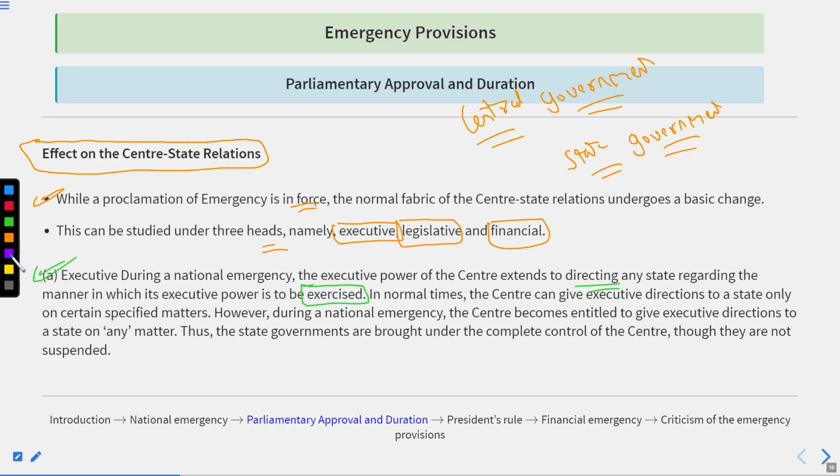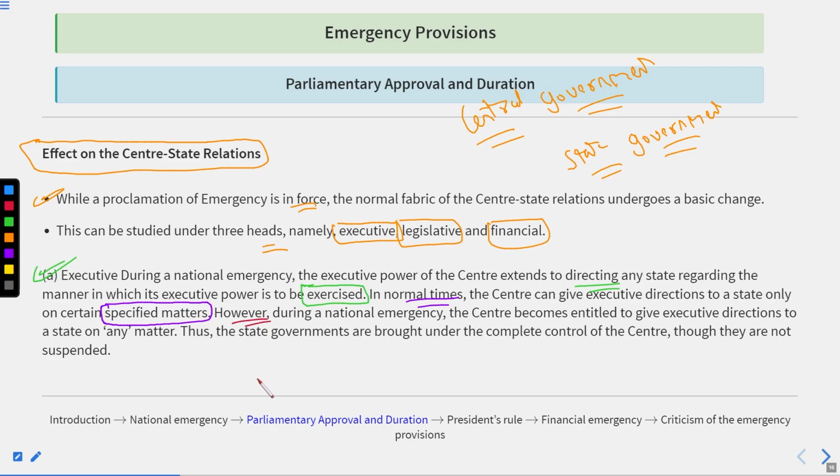But in normal times, the center can give executive directions to a state only on certain specified matters. It means the direction-giving power lies with the center in normal times also, but the directions could be issued only for specified matters, not for everything.